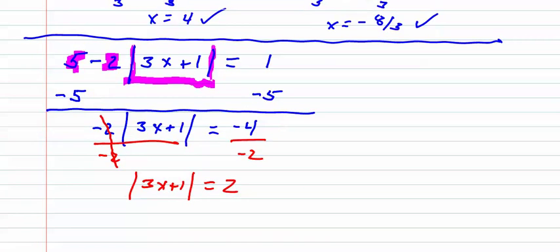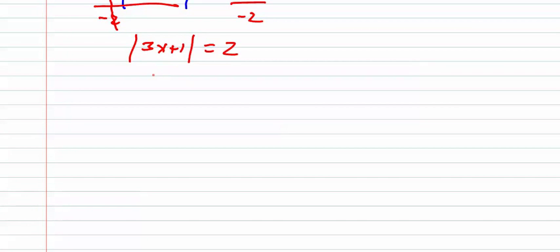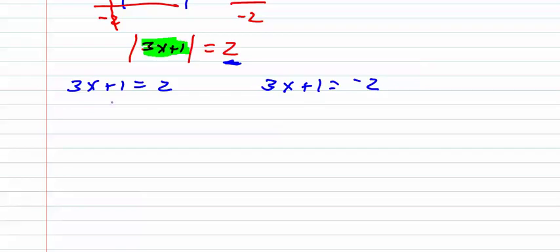Now I go back to what I was doing before. The absolute value of 3x plus 1 equals 2. I take what's inside, the 3x plus 1, and I set it equal to this number, and I take what's inside, the 3x plus 1, and I set it equal to the opposite of that number, and I solve.